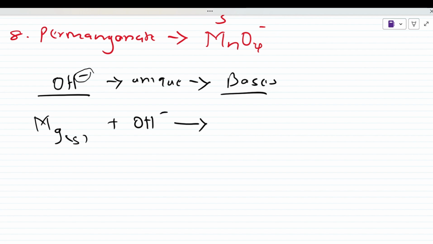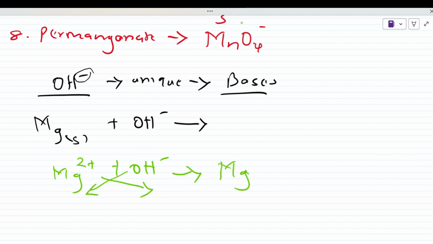Let me break it down also so that we know what we are dealing with in each and every stage. Magnesium is in group 2, so it will have a 2 positive on top plus OH minus. When they interchange their valences, what will happen? A 2 comes here, a 1 minus goes there. Then what do we form? I'm going to form Mg(OH)2.